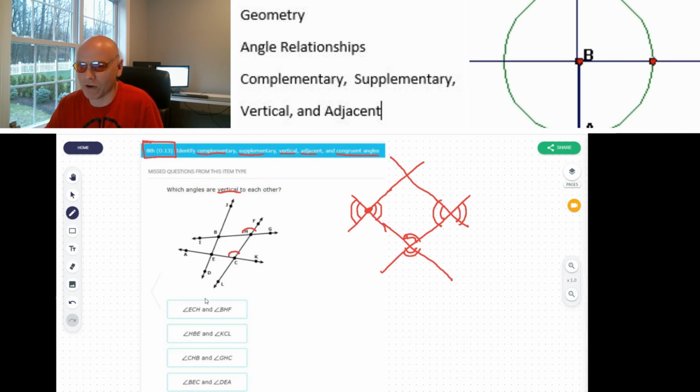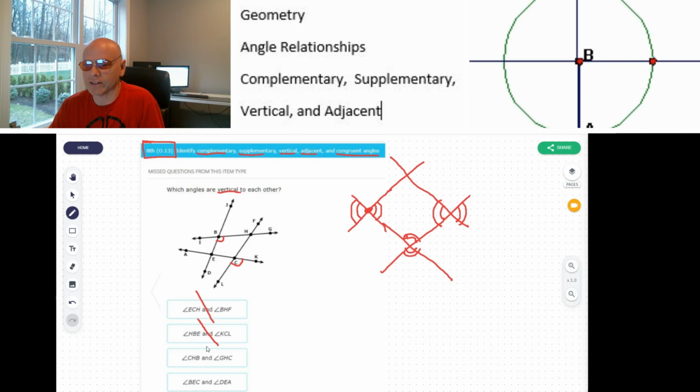No, so they're not vertical angles. Next. Okay, next we have HBE. Break it down. H, B to E. That's right here. Okay. KCL. K to C to L. No. They do not have the same vertex, right?